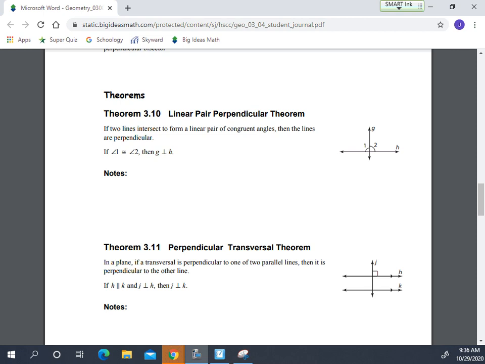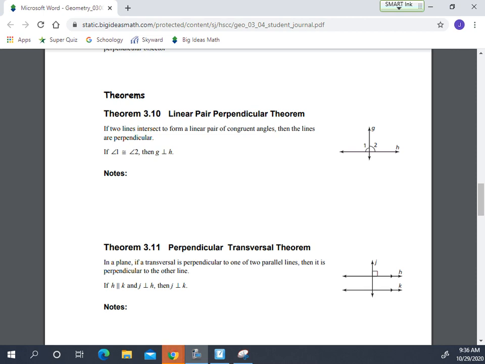If two lines intersect to form a linear pair, remember what a linear pair is. A linear pair is when we have a line and two angles formed from that line. That angle and that angle, those are a linear pair. But it says the angles have to be congruent in that linear pair.